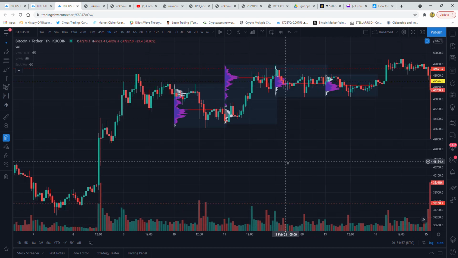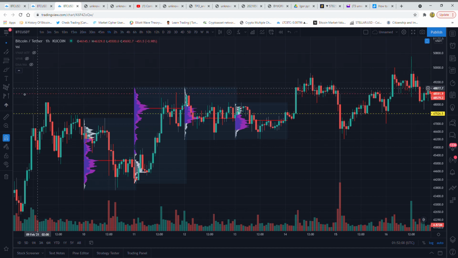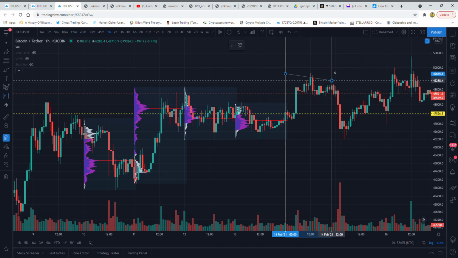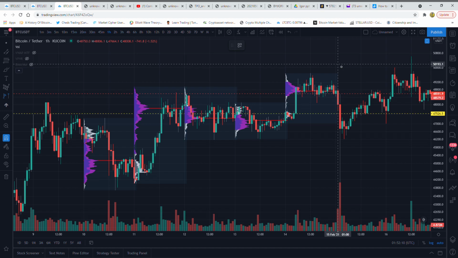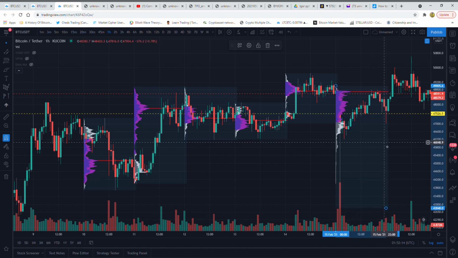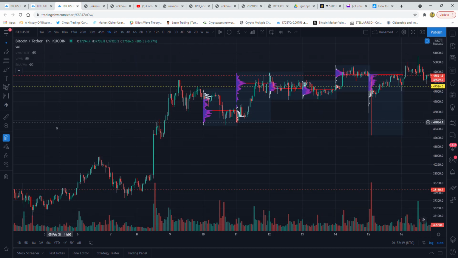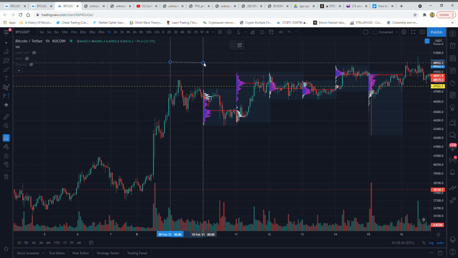I wanted to find a breakout so you can see how it's happening and why the prices go to that level. Let's take another one here. And one more before that, because we had the breakout over there.